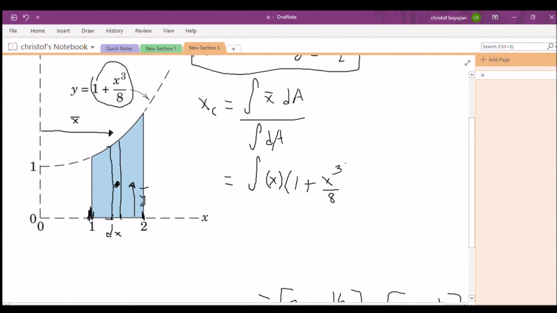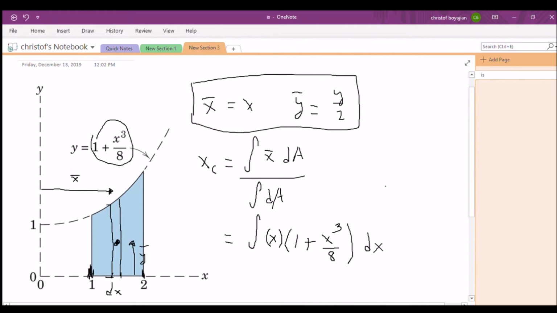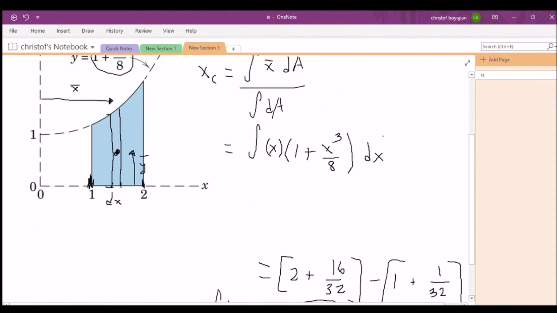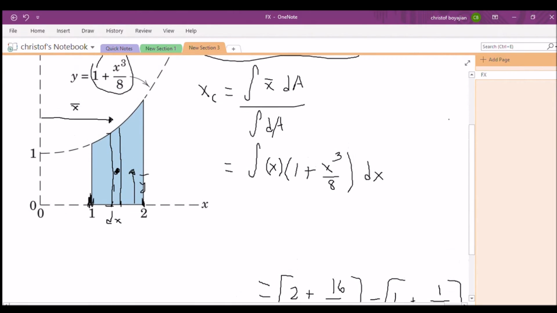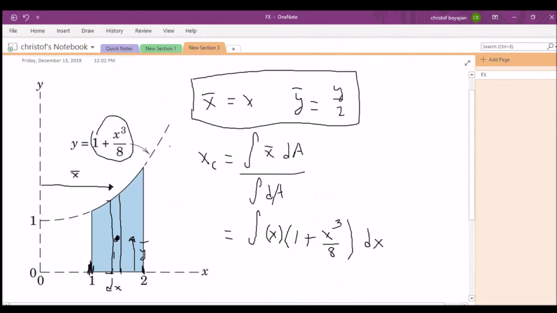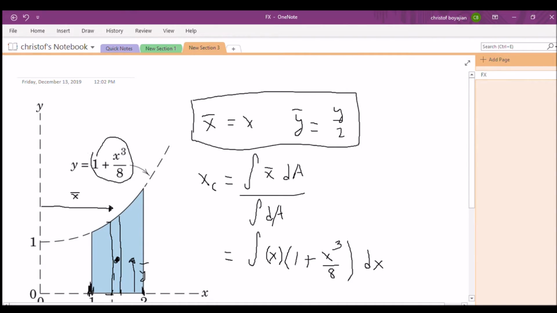We already found what dA was earlier, times dx. I did erase that, I do apologize, but if you go back, make sure that's our dA, because this is our y times dx, and I simply replaced y with this expression right here.